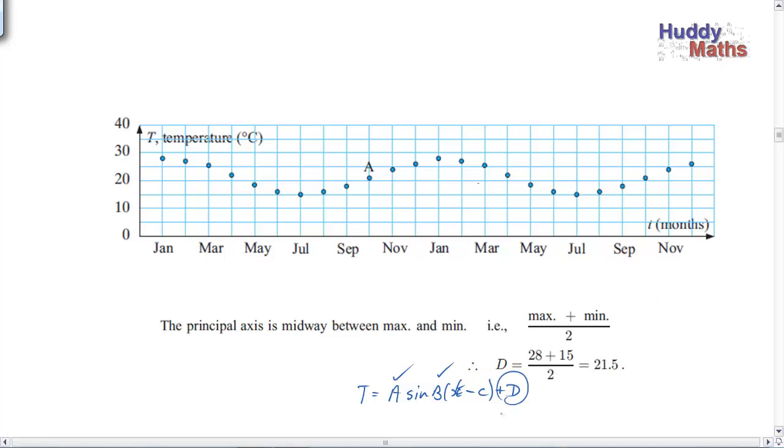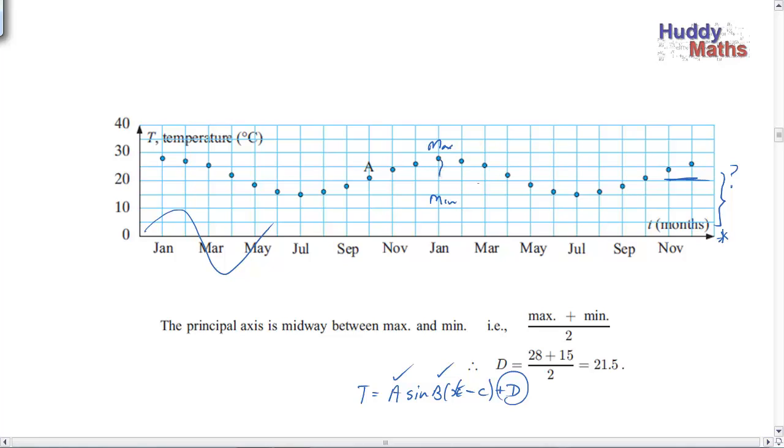D is the new position of the principal axis. The principal axis usually for sine is just the x-axis, isn't it? We go up and down on the x-axis. So this has been moved up to somewhere up here. Where is that new line? Well, we could say it's midway, it's always midway between the max and the min.